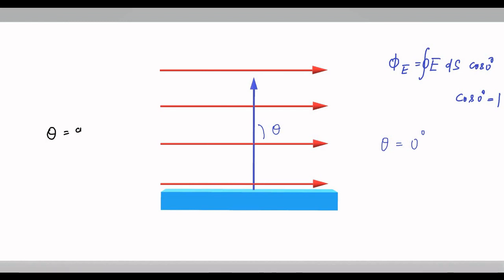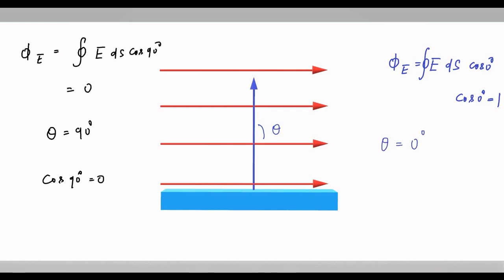And as you can see, not a single electric field line is passing through the surface. It means the electric flux, which is the closed surface integral of the dot product of the electric field vector and the area element vector, is equal to 0. Why? Because cos 90 degree is equal to 0.